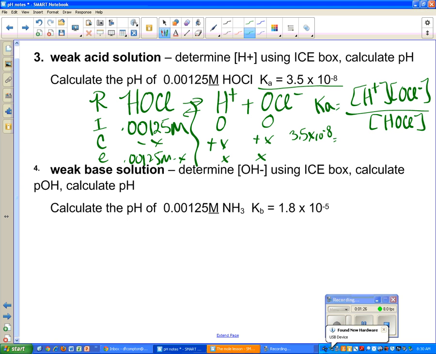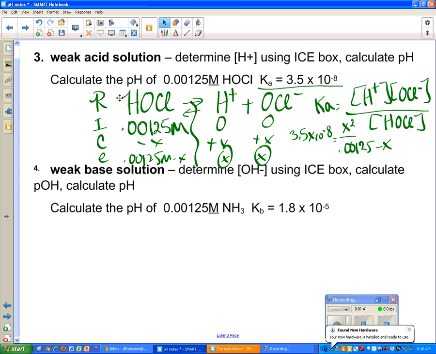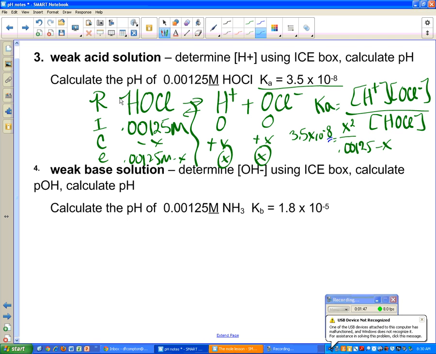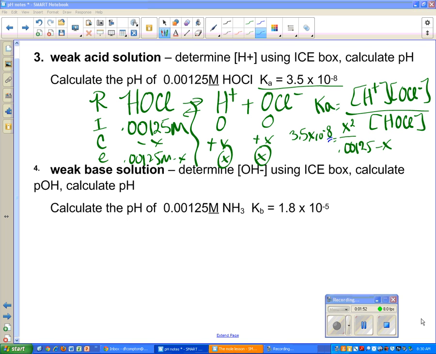And then H+, we notice, is x, and OCl minus is x, so we can just say x squared. And then the HOCl is 0.00125 minus x. But notice, especially in a weak acid, that the Ka is very small, which makes us be able to delete the x.